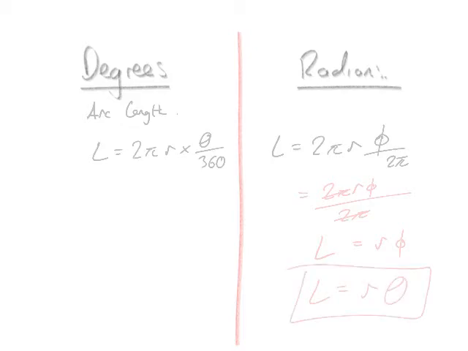I changed the symbol for the angle to show it's in radians, but now the equation I need to know is L equals r theta. We're going to use L equals r theta to do questions you could already do using this equation in GCSE. So we are doing something quite straightforward. It may not feel that way at the beginning, but we'll see how it goes.